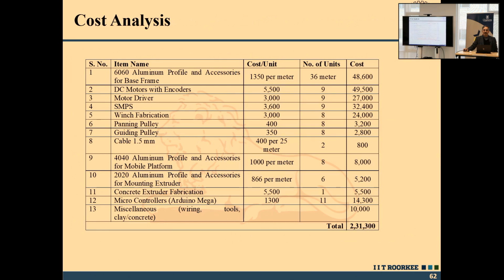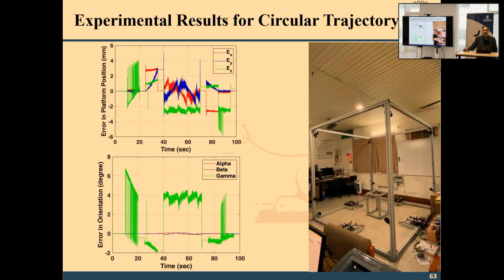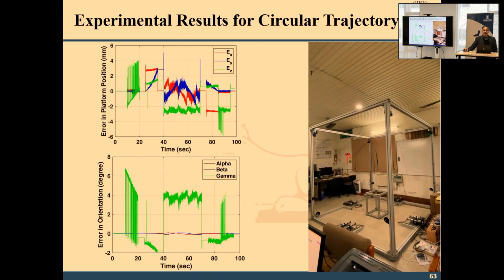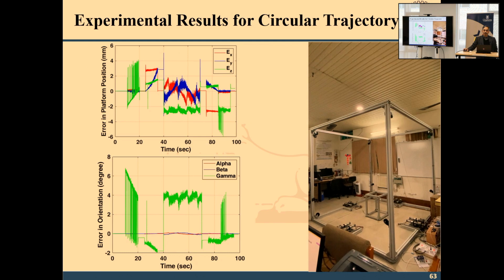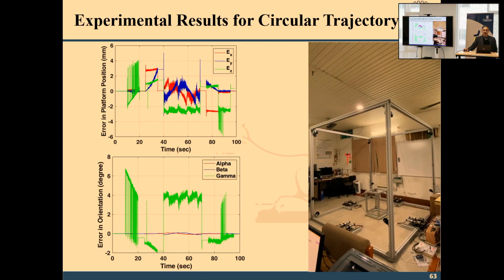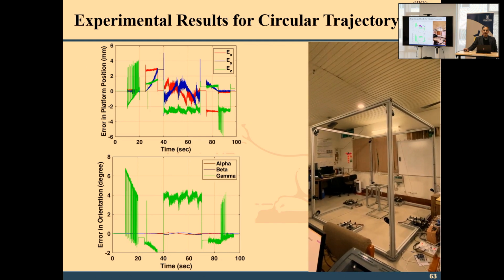We carried out a cost analysis basically for making this one, and this is the setup, and here are the errors in the platform position. This is the setup which you can see, which we developed.